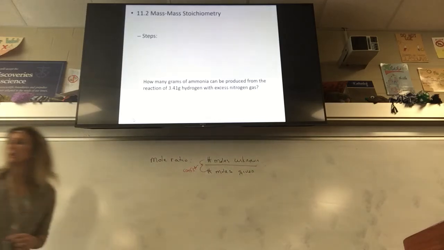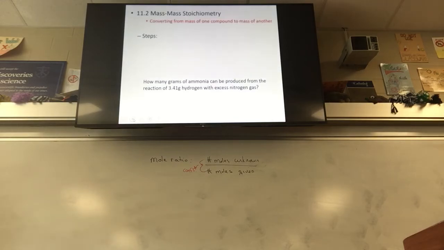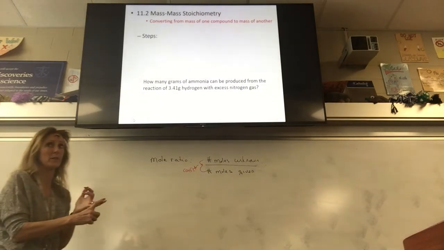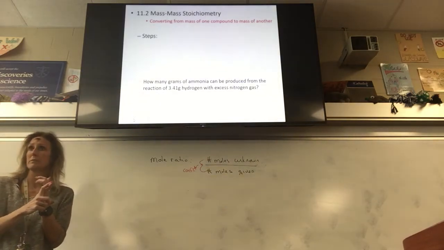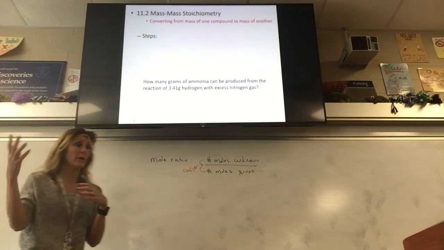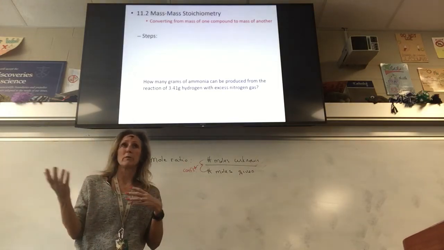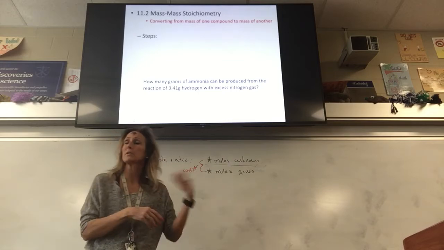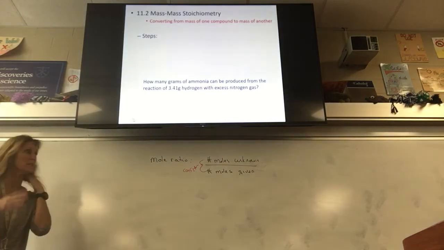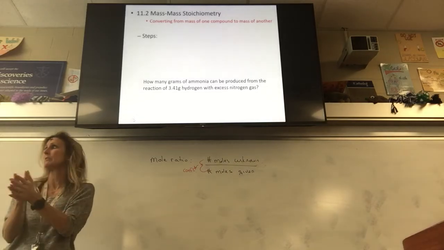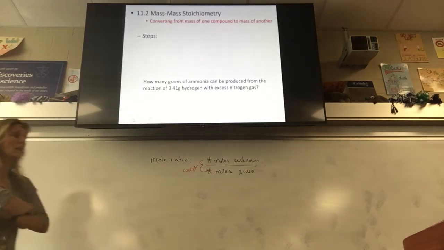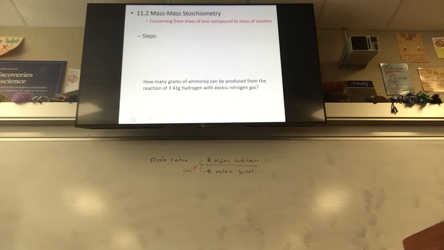As you can probably guess, mass-to-mass stoichiometry is where we're starting with the mass of one substance and converting to the mass of another substance. And again, we can go from reactant to product, reactant to reactant, product to product, product to reactant, so we can do any combination. We do not always have to start with a reactant and solve for a product. We can solve for any substance in the chemical reaction.